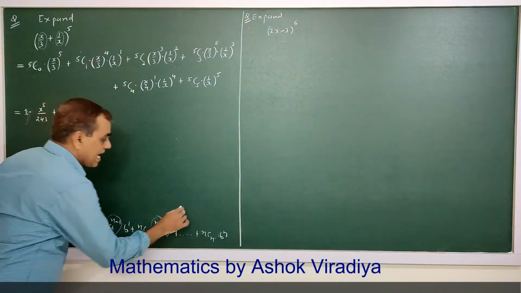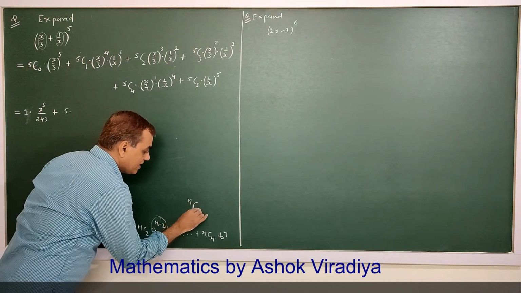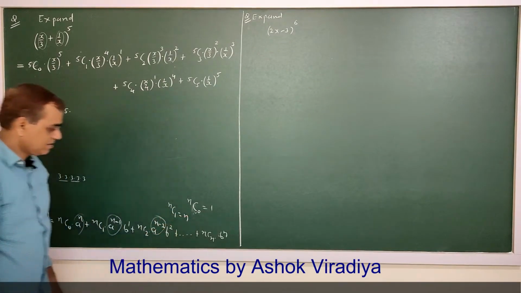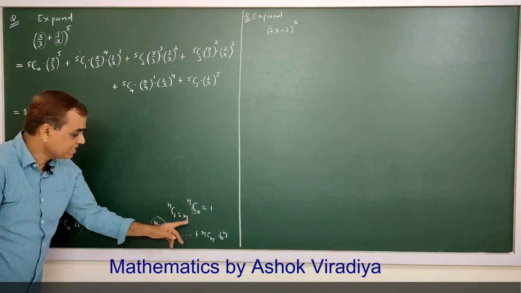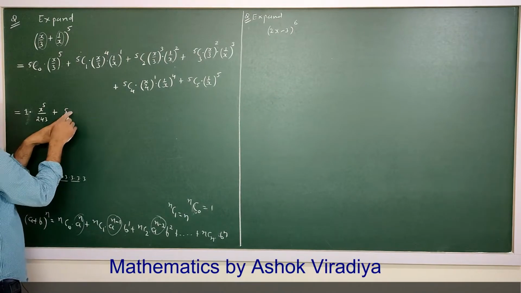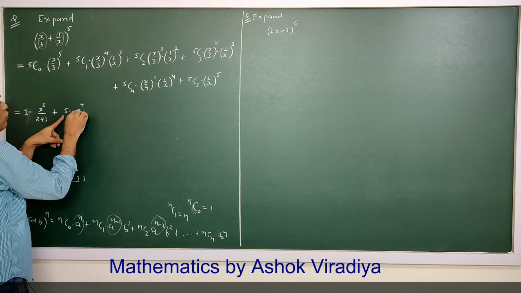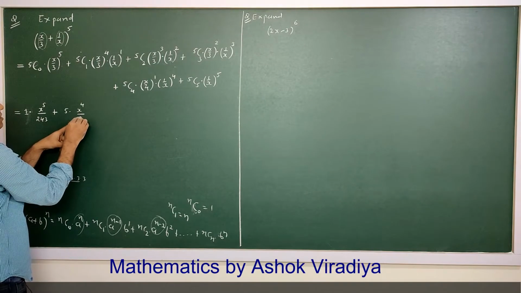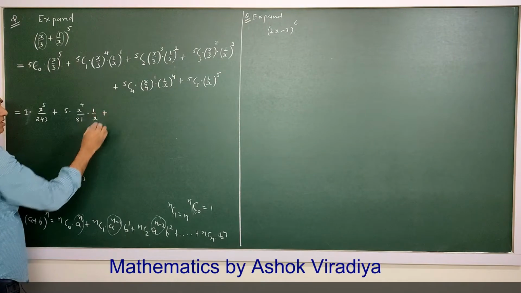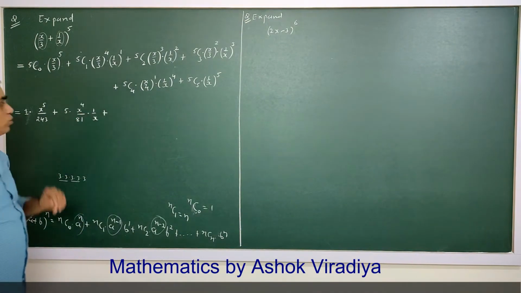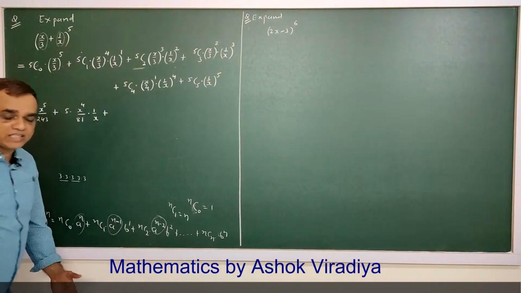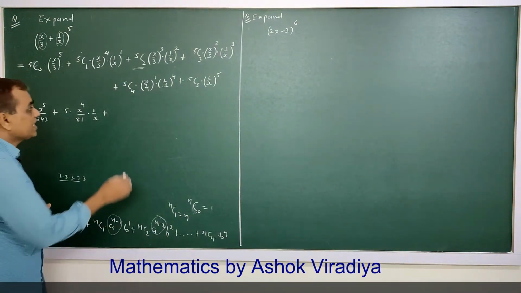Keep in mind nC0 is always 1, nC1 is n. So 5C0 is 1, 5C1 is 5 into x raised to 4 upon 3 raised to 4, 81, into 1 upon x, plus 5C2, 5 into 4 upon 2 into 1, so 20 by 2, that is 10.